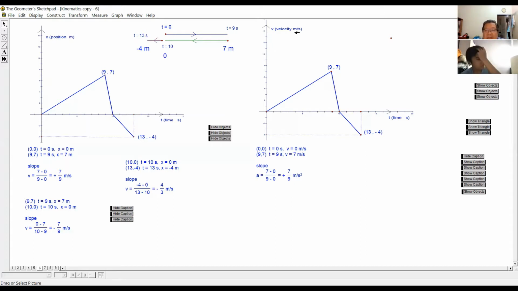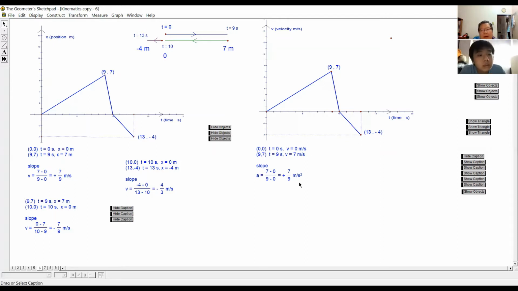The unit is meter per second. The unit along the x-axis is second. So meter per second at the top, divided by second again, will be meter per second square. You have to take note of the units.